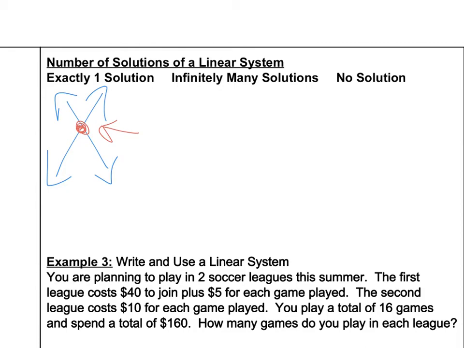If you have an infinite amount, that means you've got the exact same line right on top of itself, so there's an unlimited amount of solutions. Now in the last one, no solution means that they are parallel lines and they're never going to intersect, and that's what we just talked about.